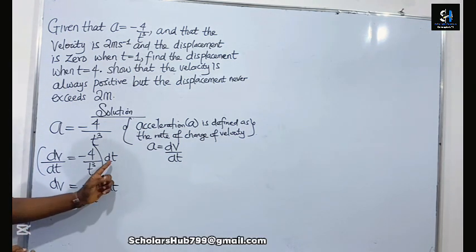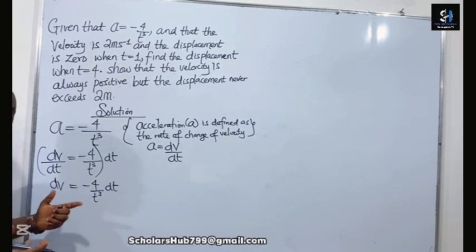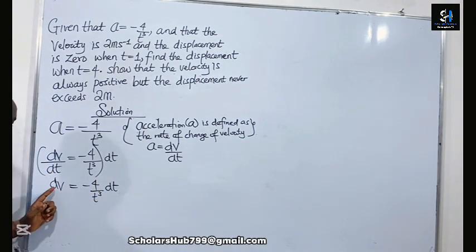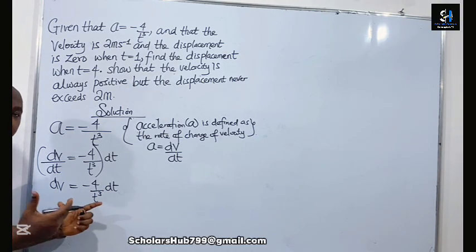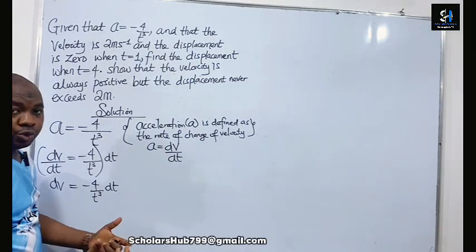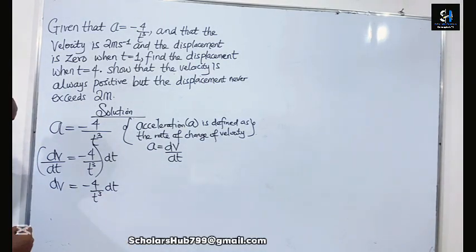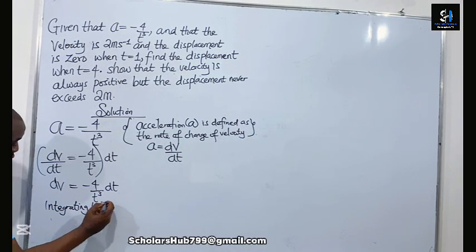That is because dt multiplied by dv over dt, we cancel dt, so that we have dv on the left hand side, while on the right hand side we will have minus 4 over t raised to the power of 3 dt. Now this is when we can introduce the integral sign. So now integrating both sides.